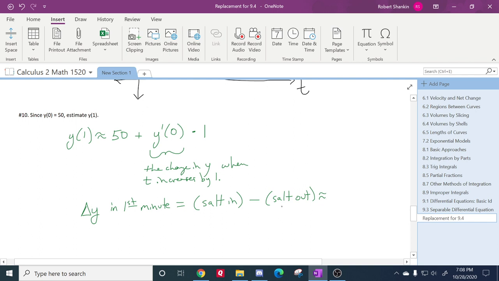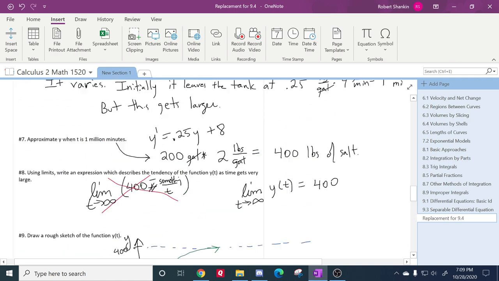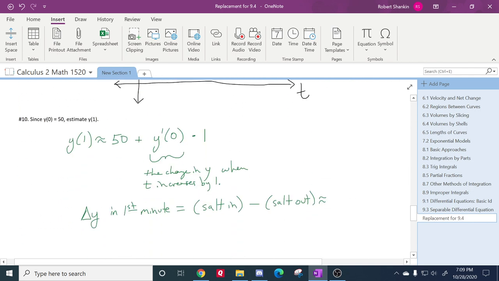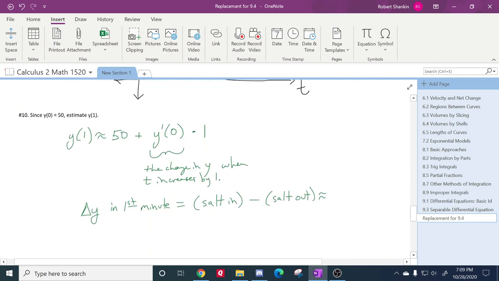Now, how much salt came in the first minute? Well, it was coming in at 2 pounds per gallon, and in the first minute, 8 gallons came in. So multiply those together, it's 8 pounds of salt came in the first minute.